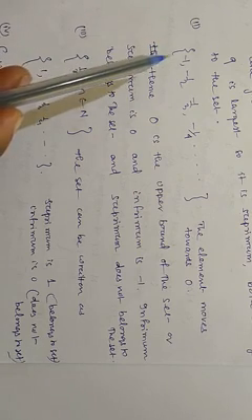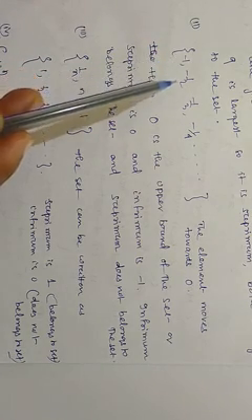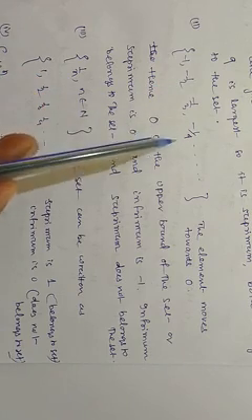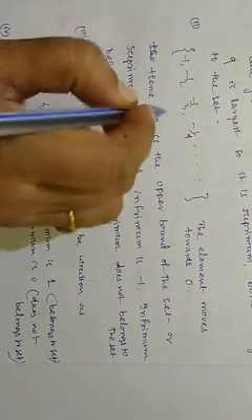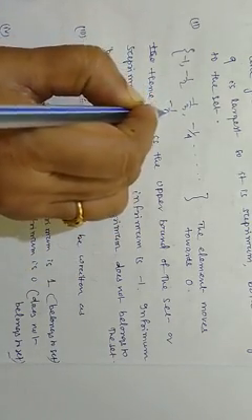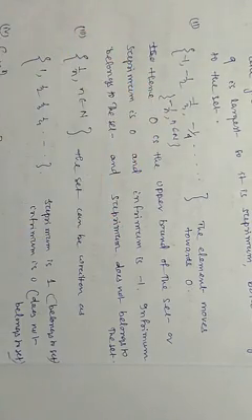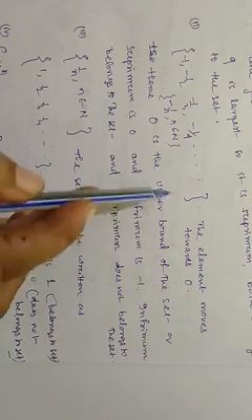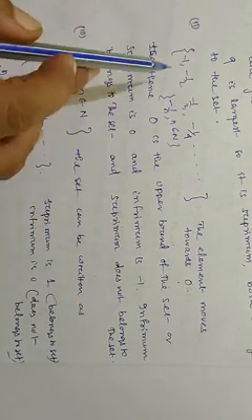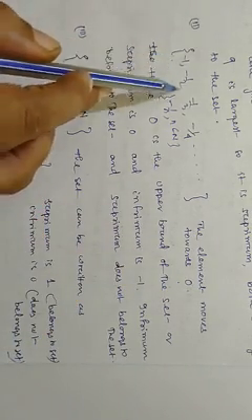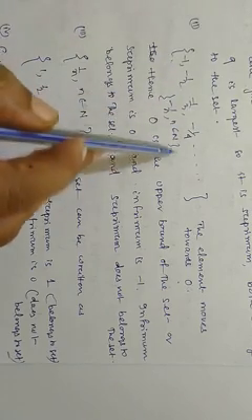Consider another set. Second one. Minus 1, minus a half, minus 1 by 3, minus 1 by n. This is minus 1 by n, n belongs to N. Now the elements move towards 0 and start from minus 1. So all elements lie between minus 1 and 0.